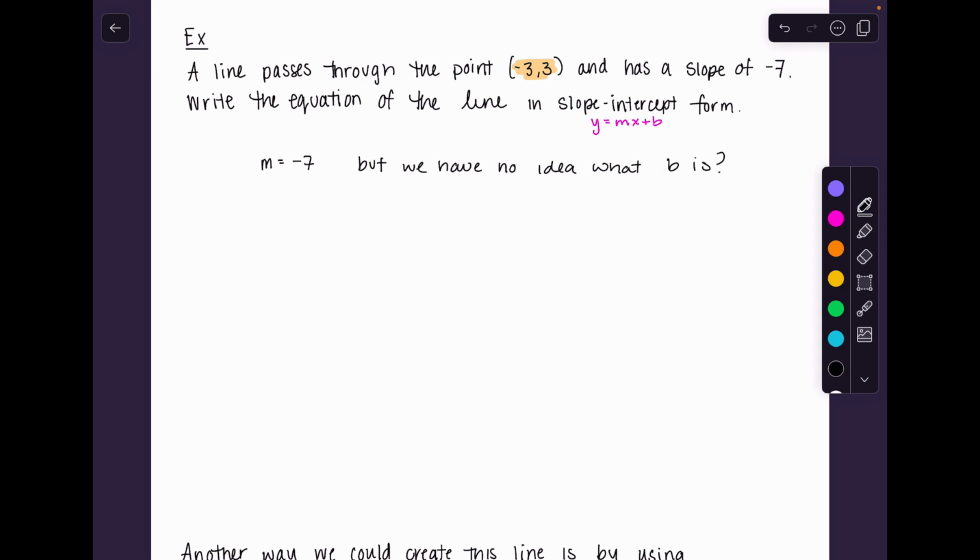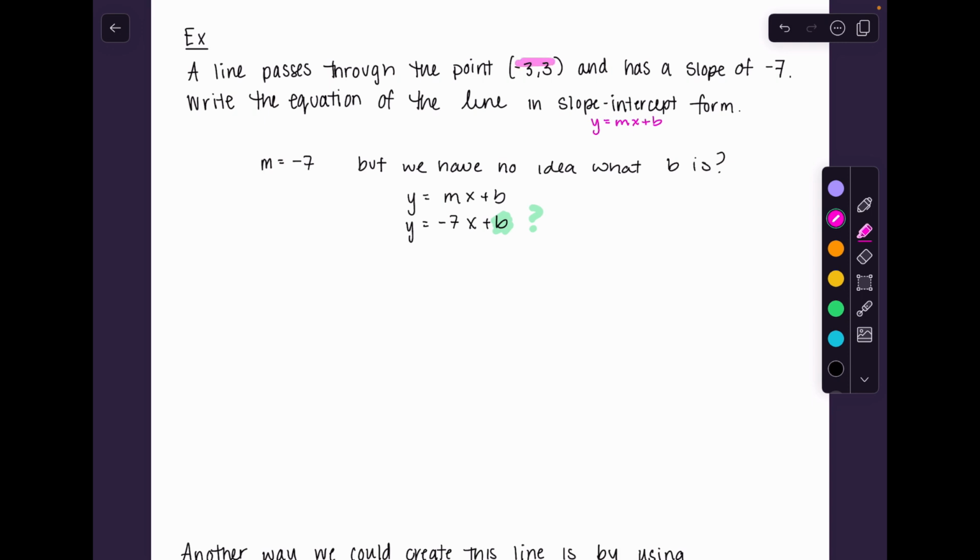Okay. So I can start to fill out my line. M is -7, so I can do that part. But how do I figure out this value of B? I know that -3, 3 has to be a point on the line.